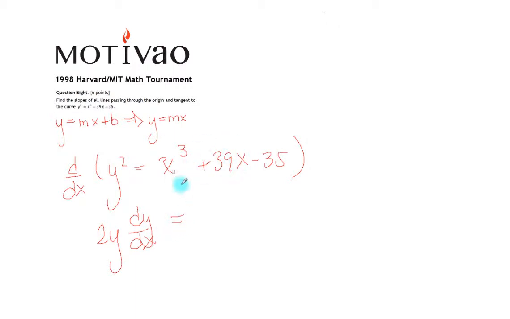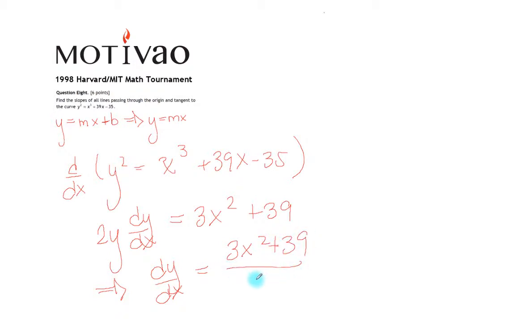The derivative of the right side is 3x squared plus 39. So that means dy/dx equals (3x squared plus 39) over 2y.